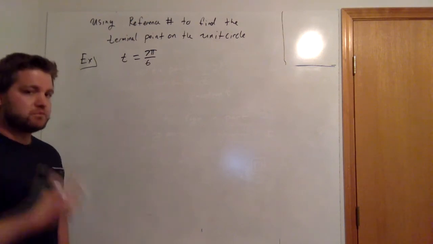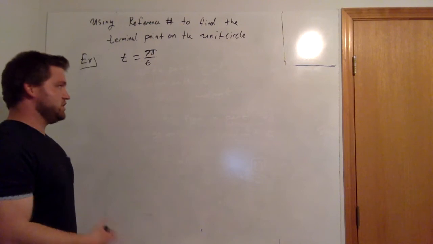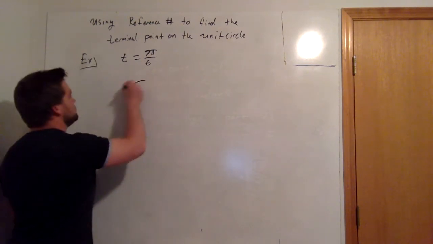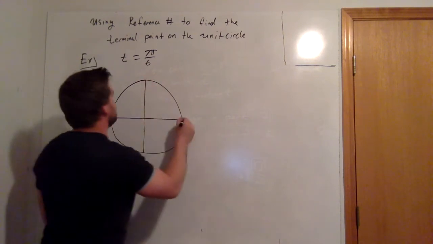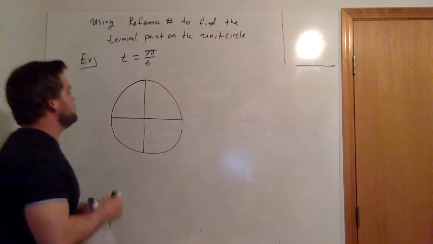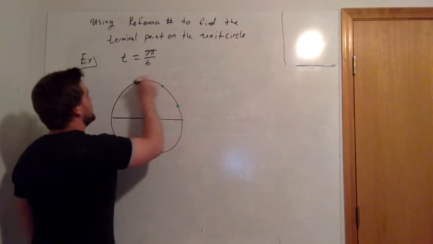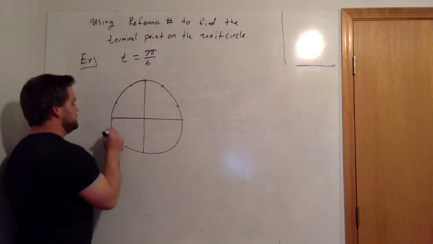I'm always just going to remember that the unit circle is built of increments of pi over 6 and increments of pi over 4. So if I draw a circle of radius 1, we're going to move 7 units of pi over 6 around the unit circle. So we'll count: 1, 2, 3, 4, 5, 6, 7.